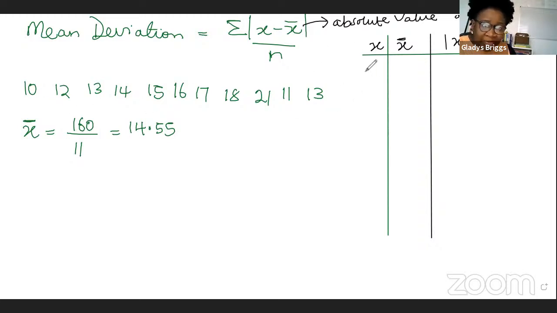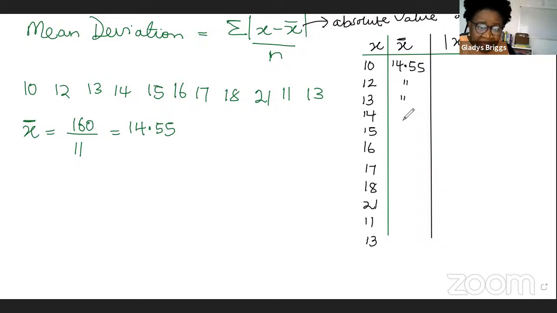Okay, so we'll put all that information in our table: 10, 12, 13, 14, 15, 16, 17, 18, 21, 11, and 13. And of course, you know your X bar is 14.55. It's the same for all of them, so you don't need to write all of them out again.